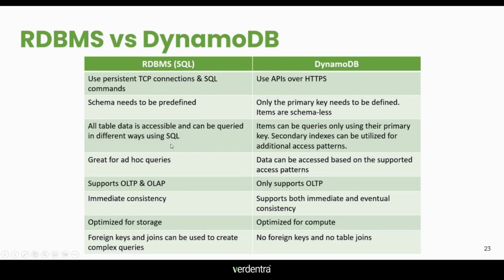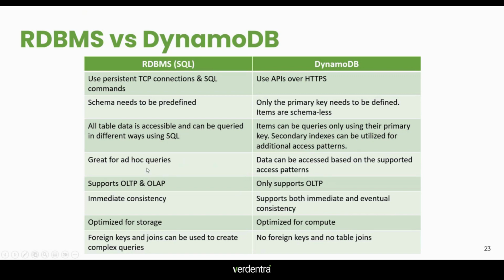SQL is very rich in those scenarios, and you can do different types of queries. But in DynamoDB, you can only query your items using your primary key, and you can use secondary indexes to allow additional access patterns, but with limitations.